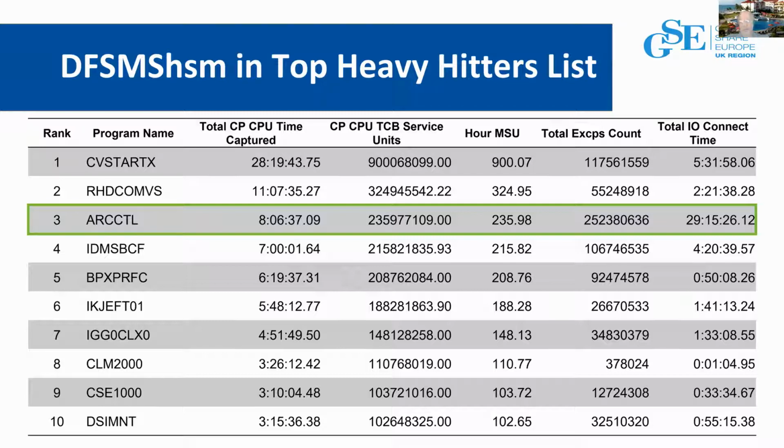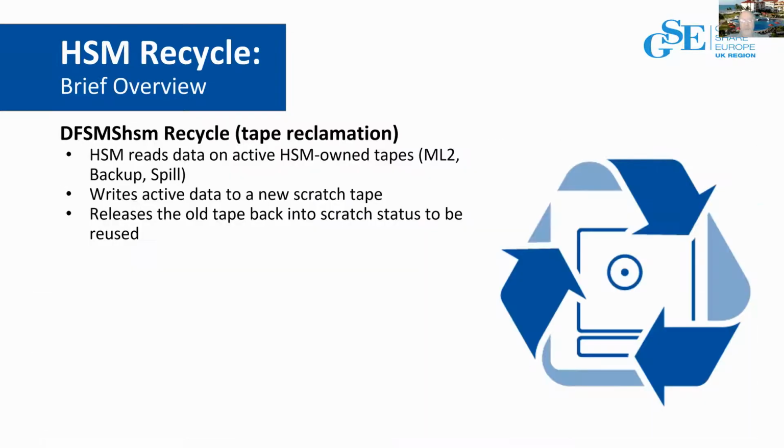The challenge with the recycle is it's very CPU intensive. You're going to have to read those full tape data sets back in, throw away the old blocks that aren't used anymore, rewrite the new stuff out to a new scratch tape, and then release the tape data back into scratch status so that that tape can be reused.